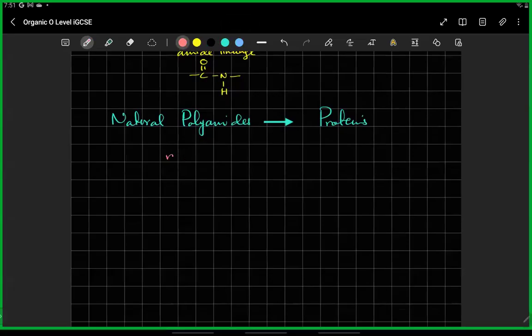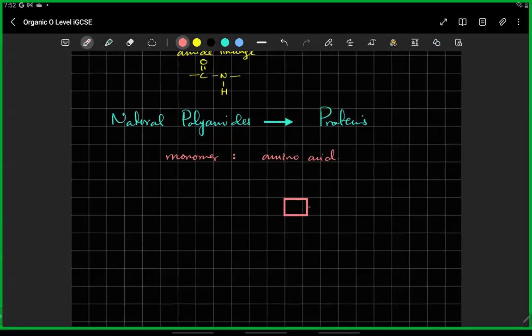So the monomer is, अच्छा एक तो ये difference हो गया. There's a monomer and that's known as amino acid. अच्छा, that monomer is basically well, it's a molecule जिसके पास दोनों होंगे.